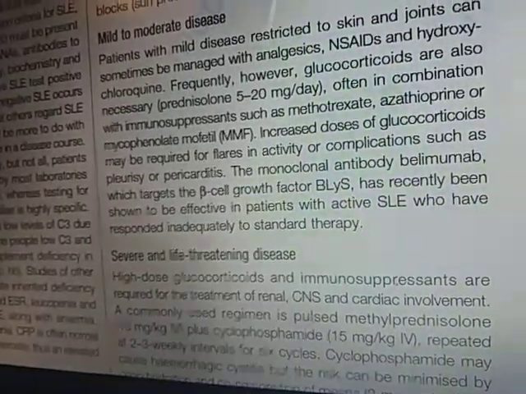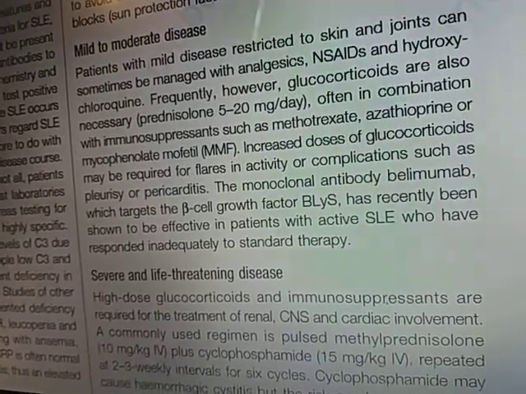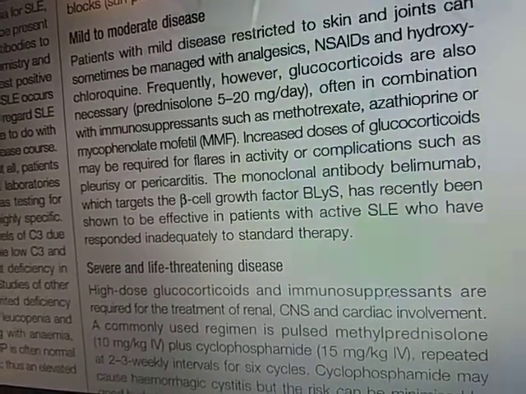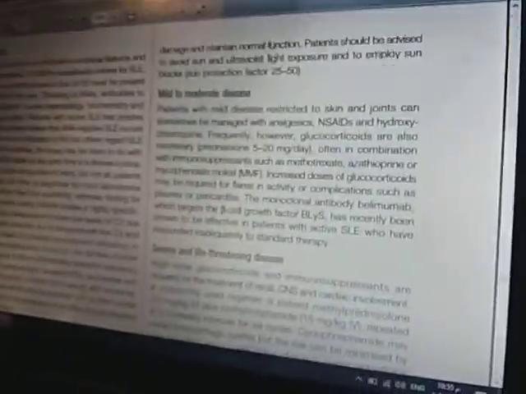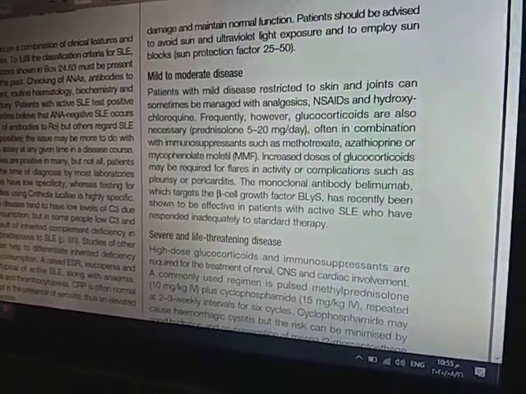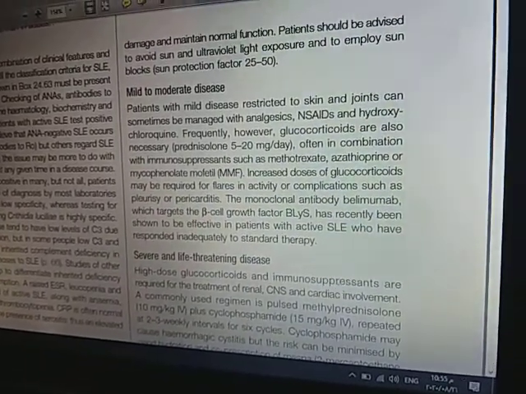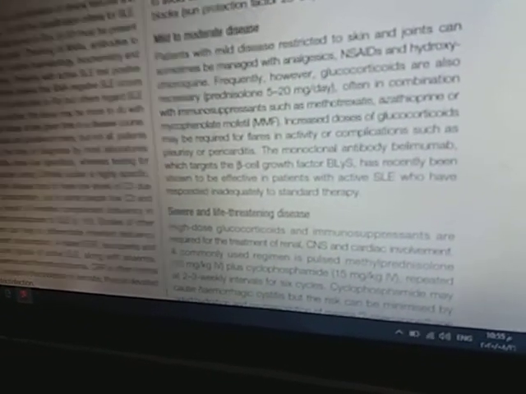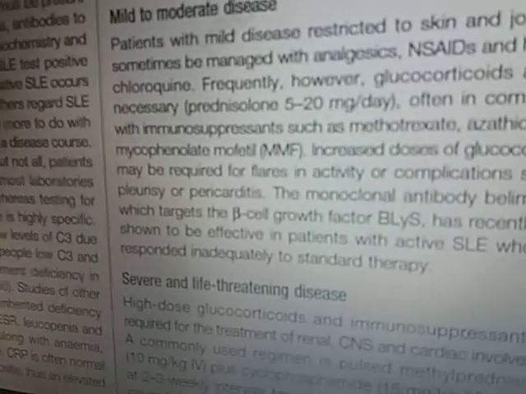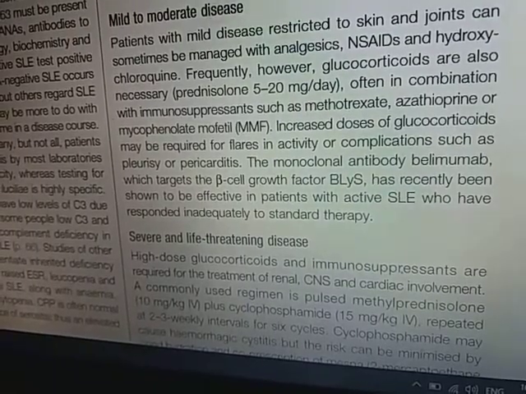For mild patients with symptoms restricted to the skin and musculoskeletal system, one uses non-steroidal anti-inflammatory drugs and may add antimalarials, hydroxychloroquine. These are particularly useful for patients with predominantly skin and musculoskeletal features. These are enough.